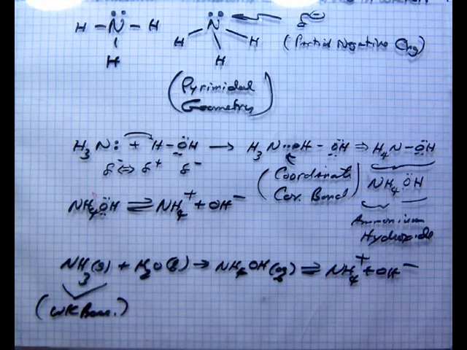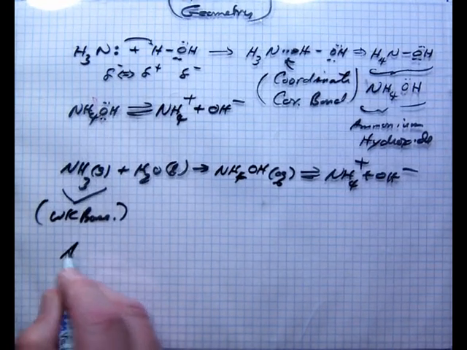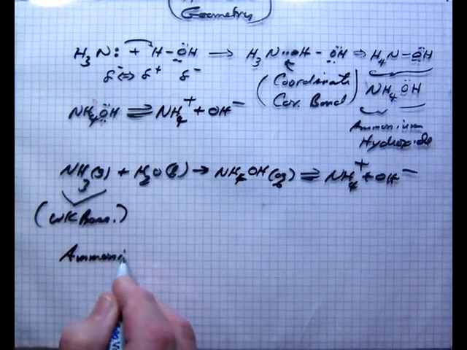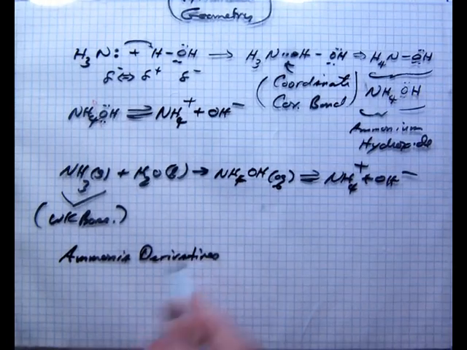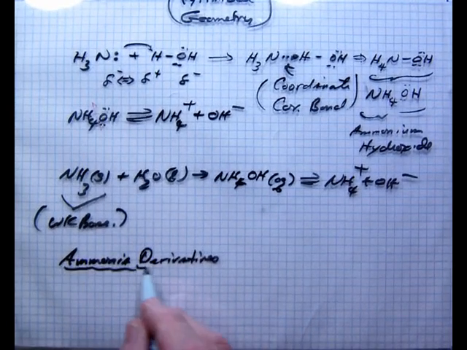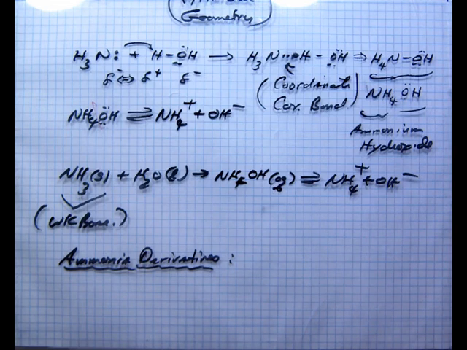Now, that's ammonia. What are ammonia derivatives? These are ammonia molecules with some organic or structural fragment replacing one of the hydrogens, or all of the hydrogens, 1, 2, or all 3.